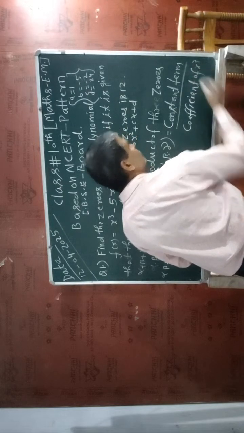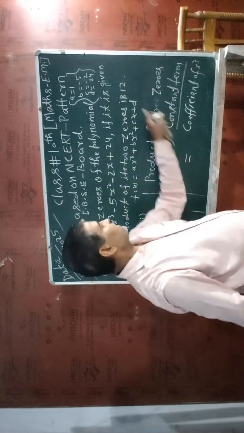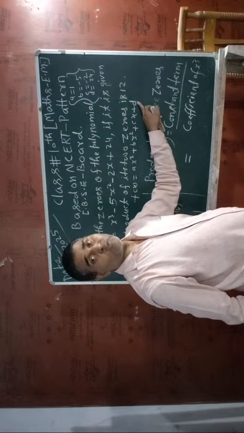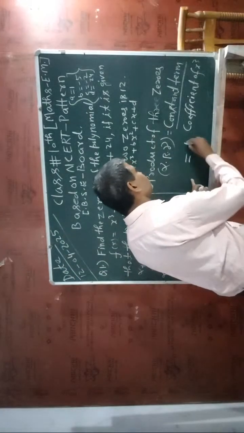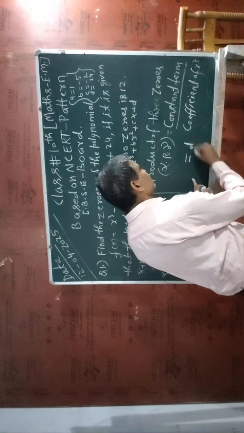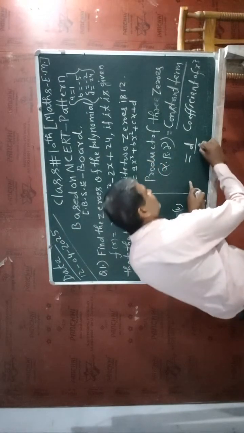In the general equation of a cubic polynomial, the constant term is d and the coefficient of x cube is a.